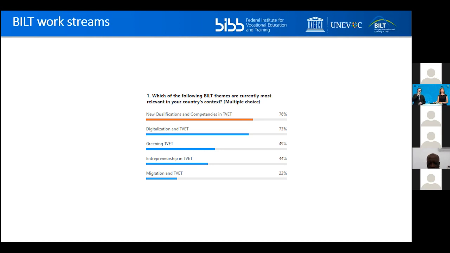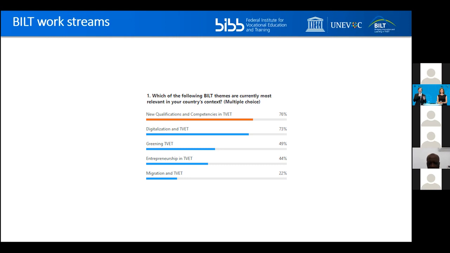So if I understand the question, it's can we provide a little more information on migration and TVET? For the BILT project, migration and TVET is one of the themes identified in collaboration with European UNEVOC stakeholders over a period of time before the project began, as something they wanted to understand how the TVET community can address.